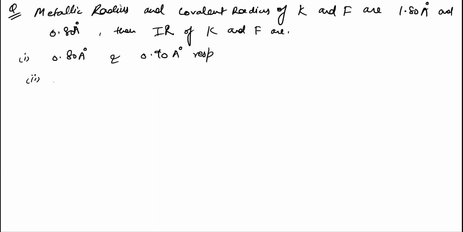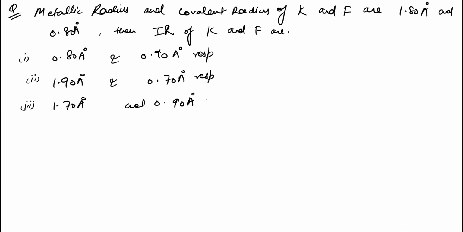Second option is 1.90 angstrom and 0.70 angstrom respectively. Third option is 1.70 angstrom and 0.90 angstrom respectively. And the fourth option is none of these.